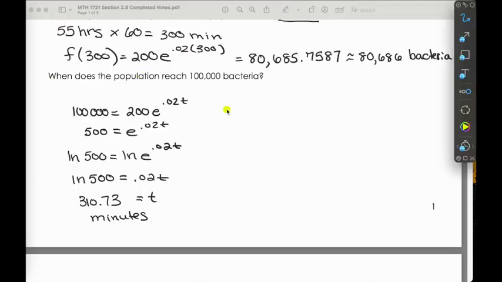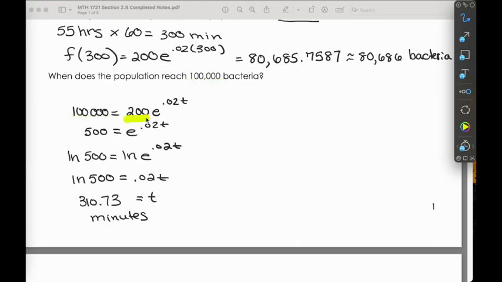Okay, for the second part of this question, it says, when does the population reach 100,000 bacteria? The "when" tells me I'm looking for my time, which is my t. This is the amount of bacteria we have after a time t that we're looking for. So I'm going to plug in 100,000 for the output, our y.